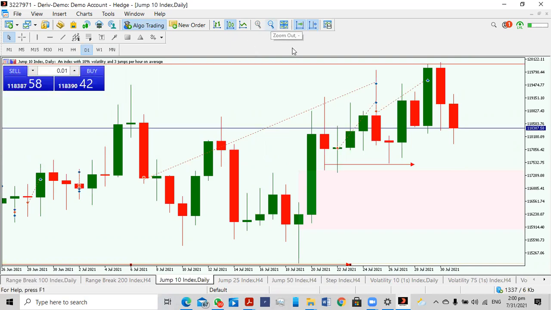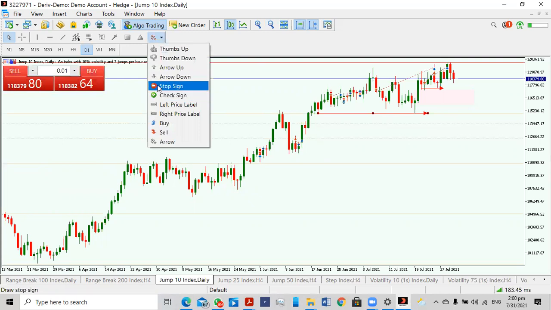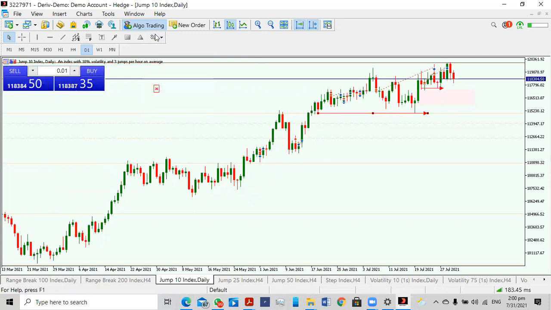So this is the daily. Once I come to the daily, I want to mark out everywhere that I know there will be liquidity.